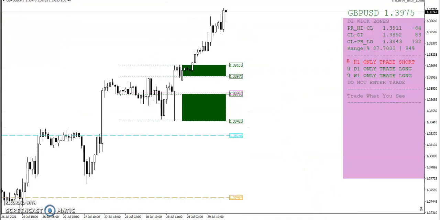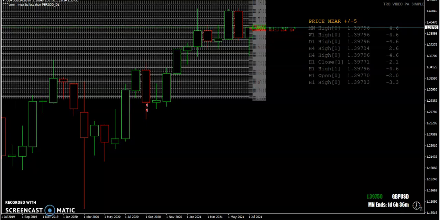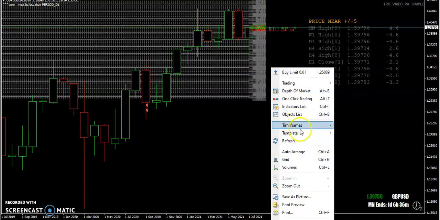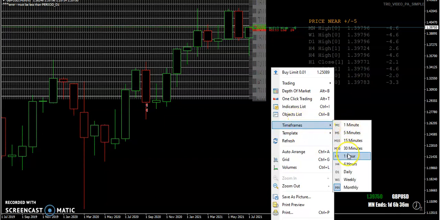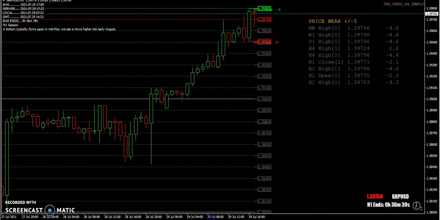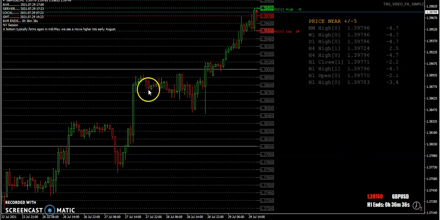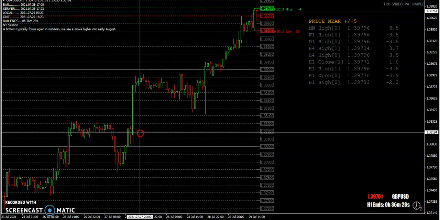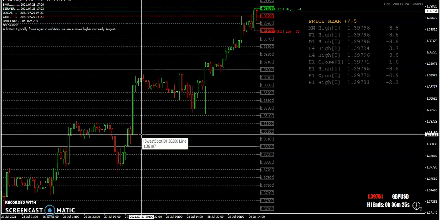So if we take a look at which chart we were looking at, the Walmart chart. When we looked at it, if I remember correctly, we were over in this area, and I said I'd look for price to come back down.